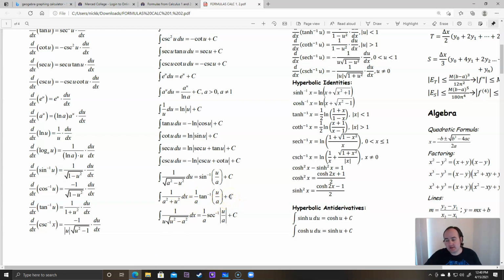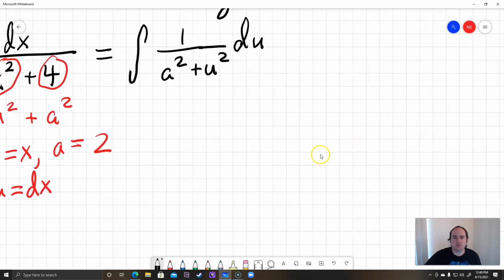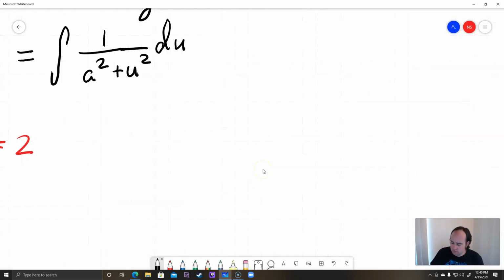But we don't need to write the plus c because this one's a definite integral. So 1 over a tan inverse of u over a.